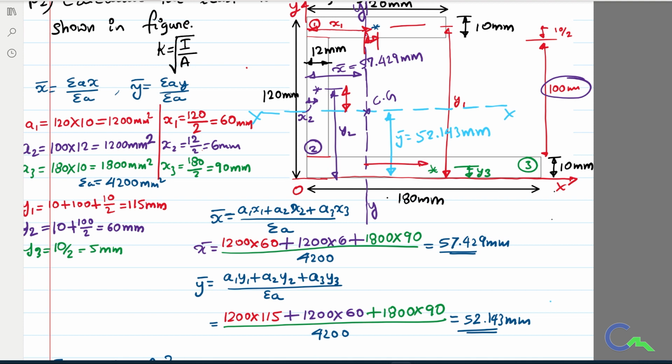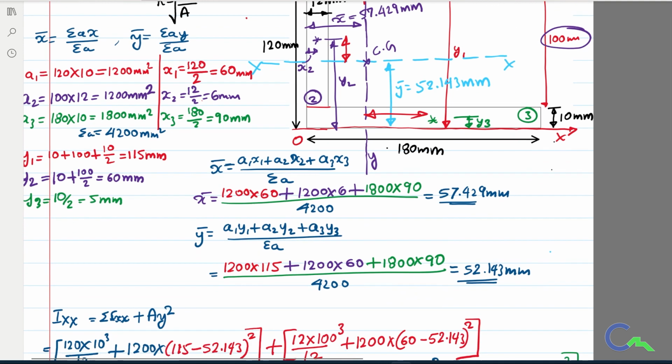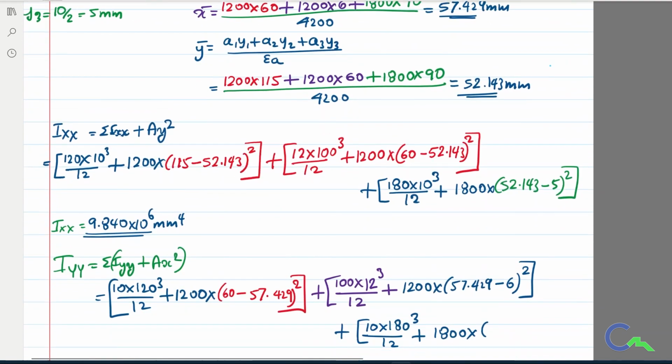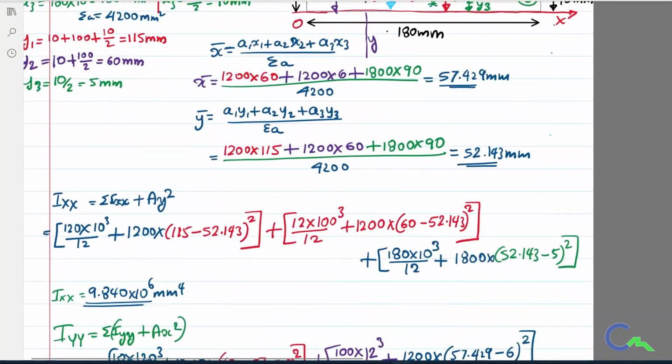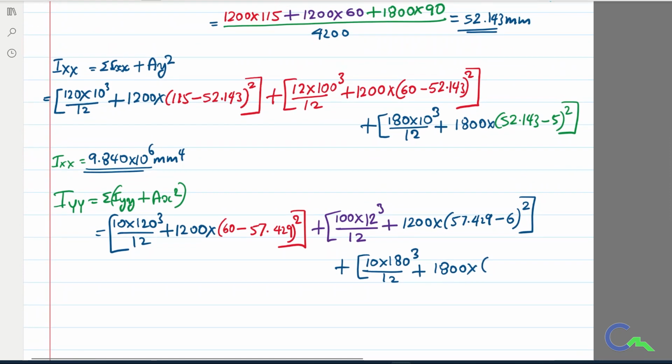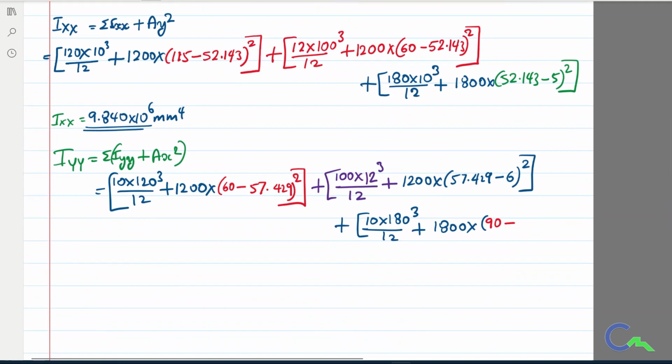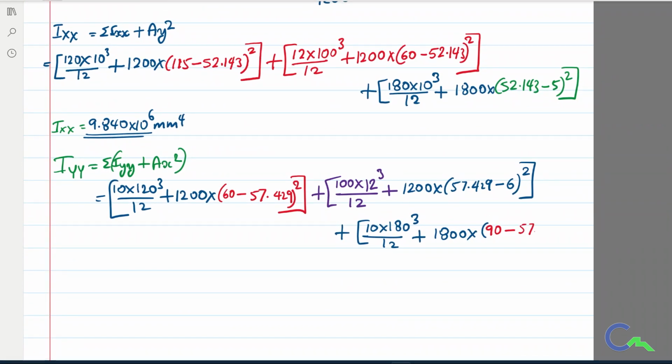I can say that this is the distance, so I can calculate that as x3 minus x bar. So x3 we know is 90 mm, 90 mm minus x bar, 57.429, whole square.